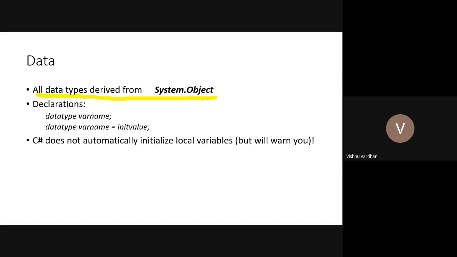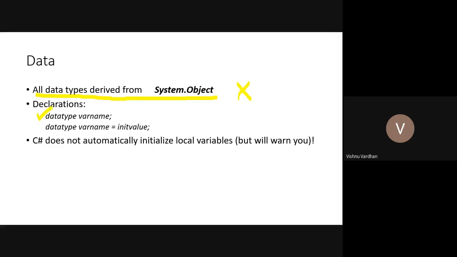And sometimes you might be asked in your interviews what the root namespace in the .NET framework is and what the root object is. You have to say System.Object. If there is no System.Object, you cannot create any other variable or class in the .NET framework.